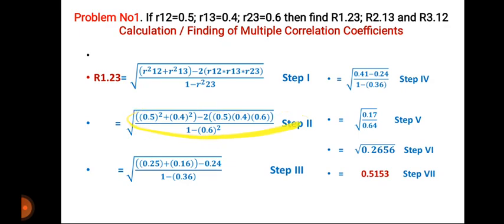This is the second step. Step third, square and multiplication. The square of 0.5, the square of 0.4, the multiplication of these, 0.24, and the square of 0.6. This is the step of multiplication and square.